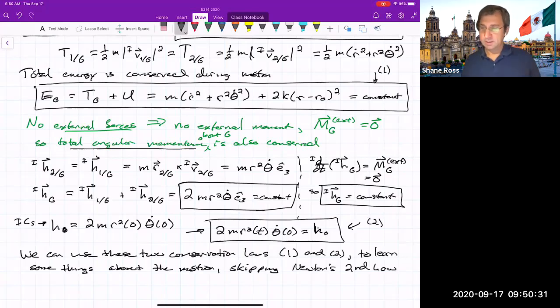I'm not going to go through the details. This is, in essence, what you are expected to do for homework problem 2. For the situation of the two masses connected through a hole, you can go through the same kind of exercise because it should conserve energy and conserve total angular momentum.